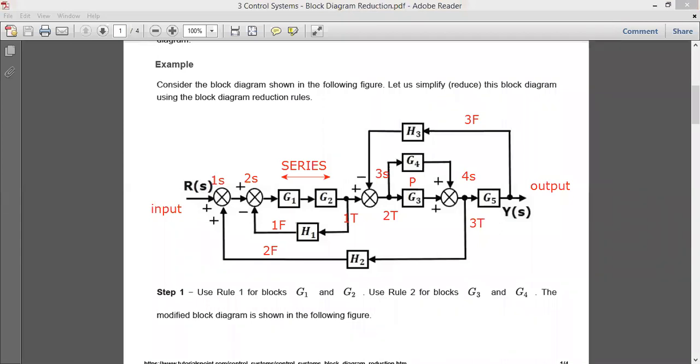Once you find all these observations, or once you observe all these notations, apply all the rules one after another. I'll just clear all the notations. Now let us apply.